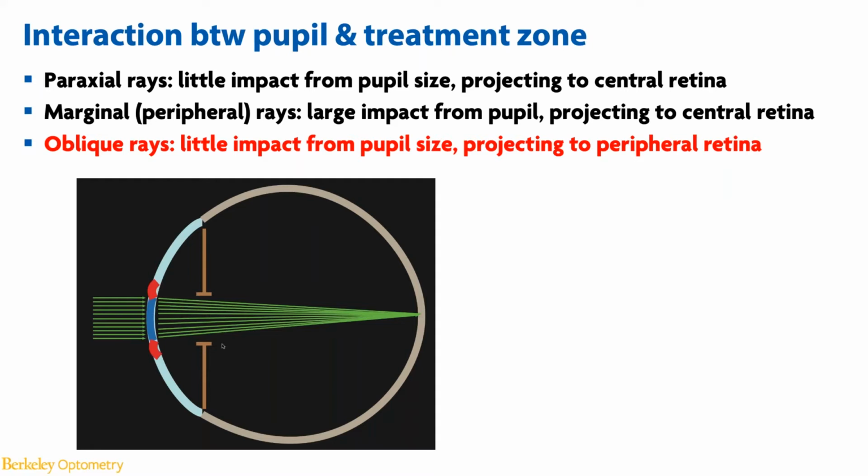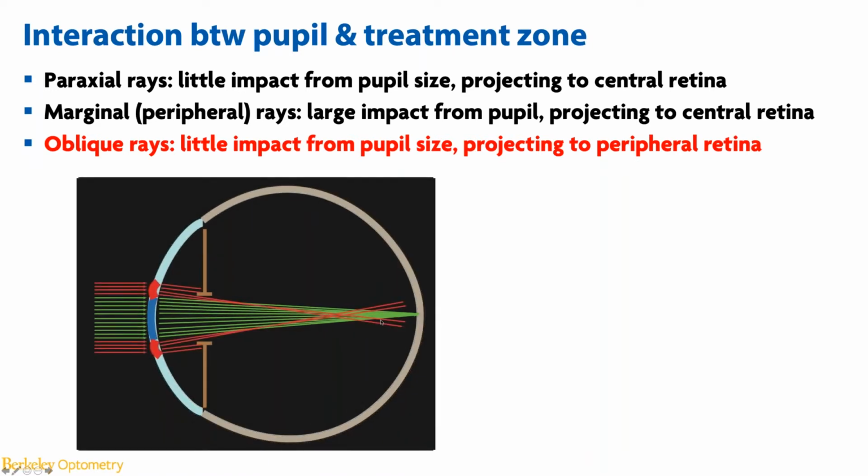So it's mostly getting information from the central flattened cornea, and it's projecting to the central retina. Because they're paraxial rays, the paracentral steepening, the area showing in red, has little impact on the retinal image quality, and the pupil size has relatively little impact on the retinal image quality as well.